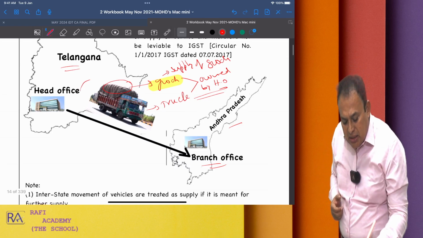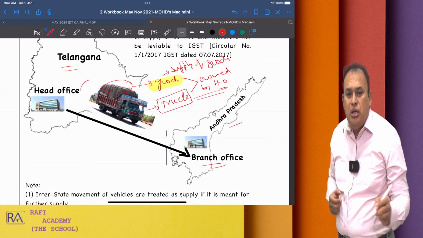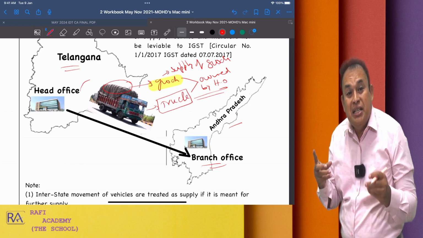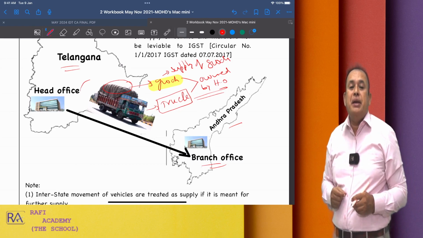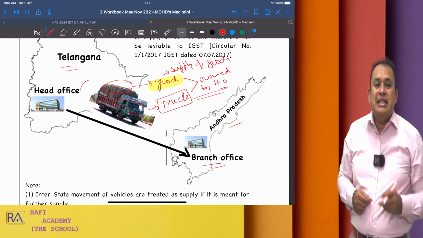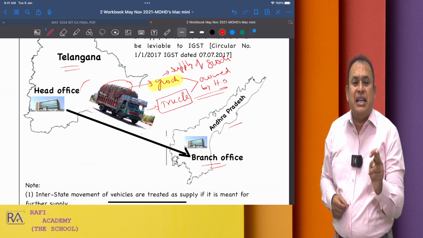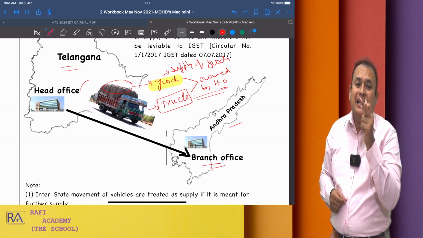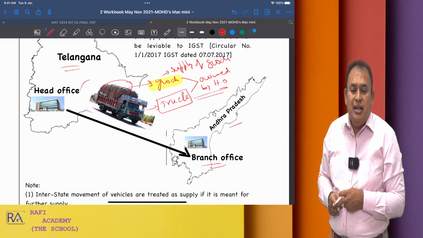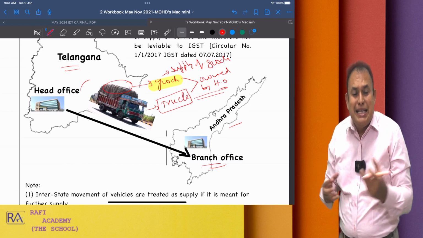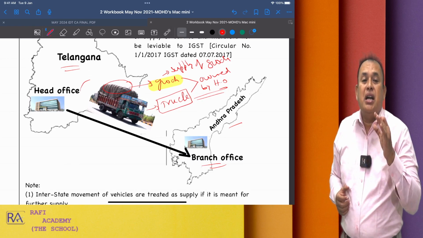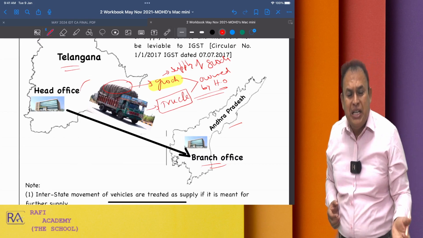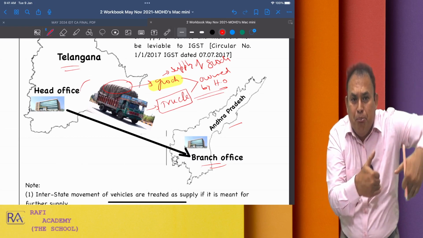What about the truck? The truck is also going to the branch office from the head office at interstate level between distinct persons. In that case, CBIC has given a circular stating that interstate movement of goods in a truck owned by the consignor, sent to the consignee, a transaction between two distinct persons, the truck is not a supply, because after delivering the goods at the branch office, the truck is going to come back to the head office.